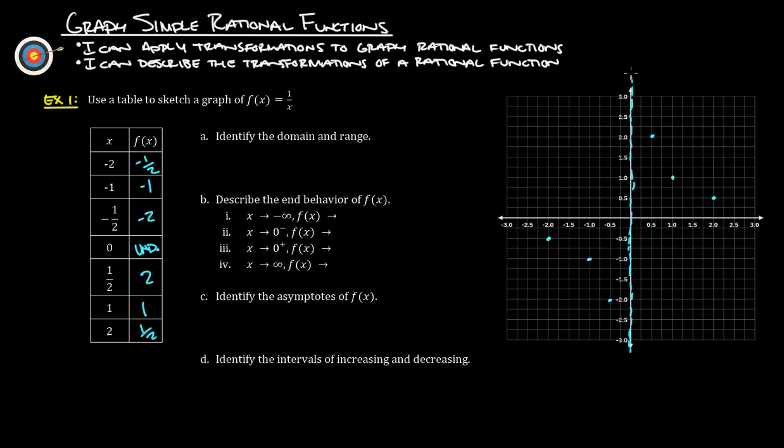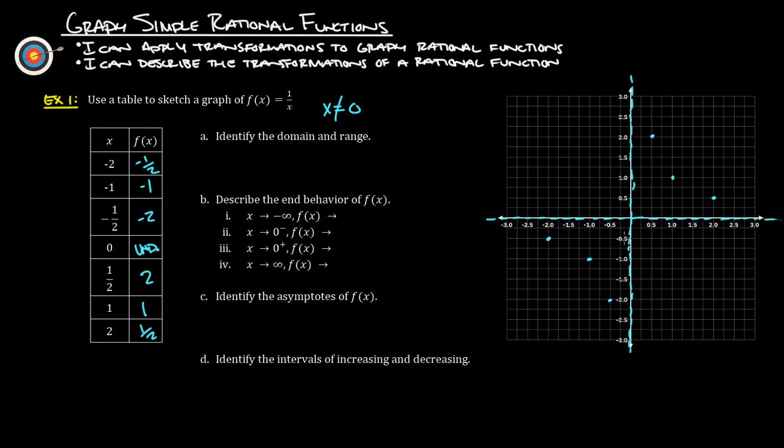We figured out this vertical asymptote right here because it's undefined, which means it can never cross. And what is something we can never divide by? We set this denominator equal to 0. So x can never equal 0 because you can never divide by 0. Then that means there's a horizontal asymptote here at 0.